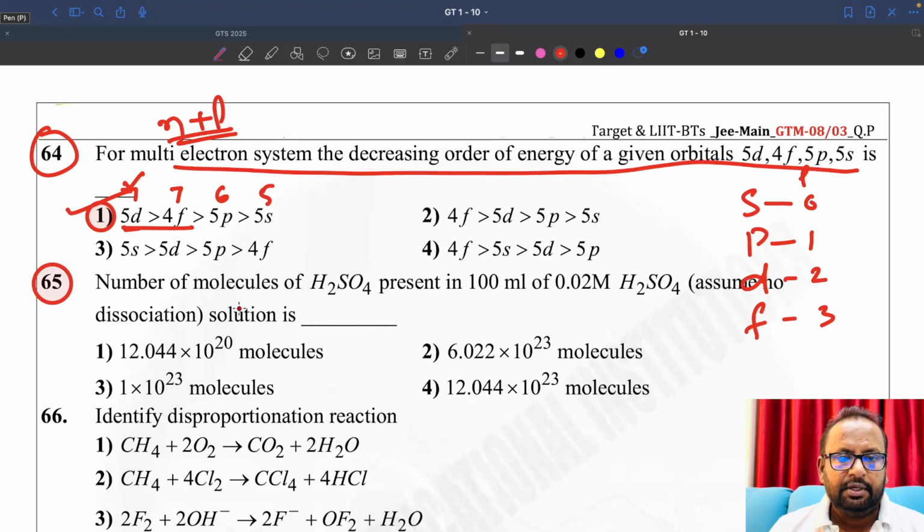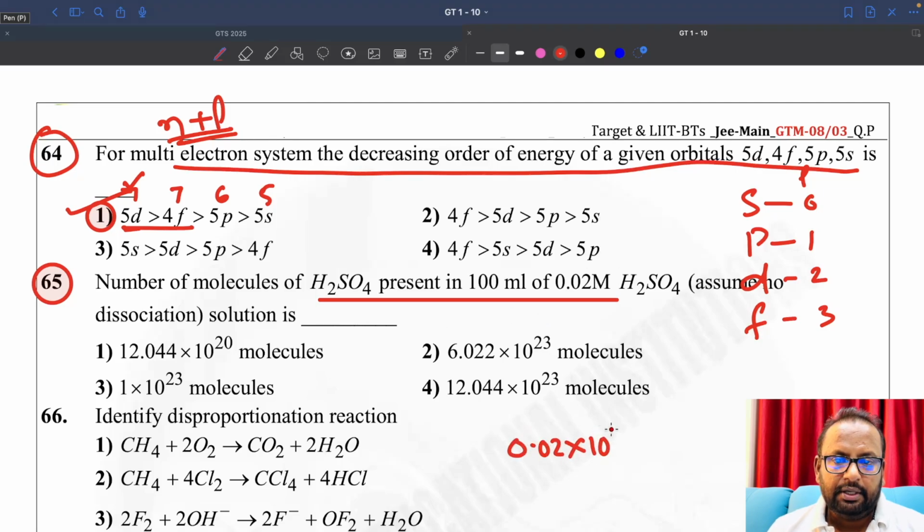So this is some basic concepts. The number of molecules of H2SO4 present in 100 ml of 0.02 molar H2SO4 solution is what? Okay, so we just multiply the things here. 0.02 into 100 can be written as 10 power 2 into 10 power minus 3, because we always calculate molarity per 1 liter, into Avogadro number, 6 into 10 power 23.